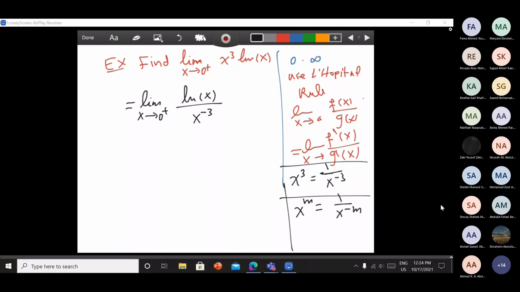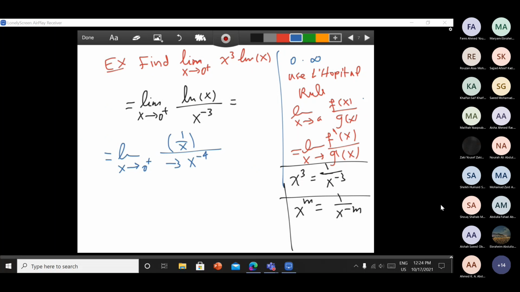Now, if I substitute, I will have an undefined value, so I make it a fraction. Now I differentiate the limit when x tends to 0 from the right side. What is the derivative of ln? 1 over x, right? What is the derivative of x to the minus 3? You get the power down and subtract 1 from the power.